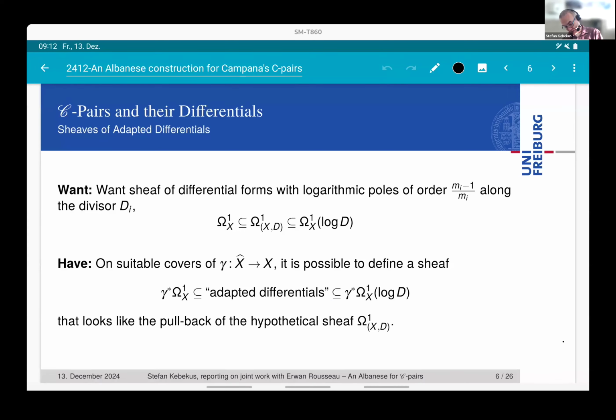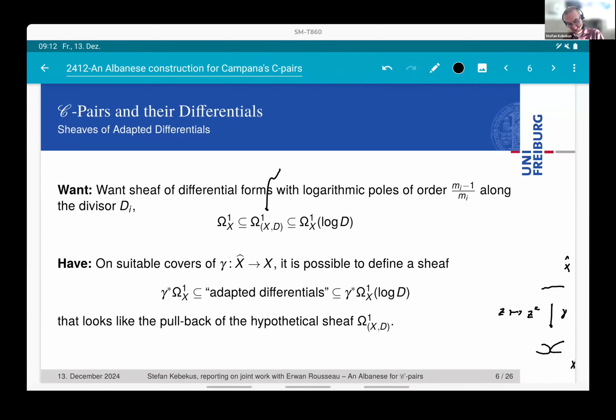Let me draw this silly little picture here. So we have X hat, we have X, we have gamma, which is z goes to z squared.